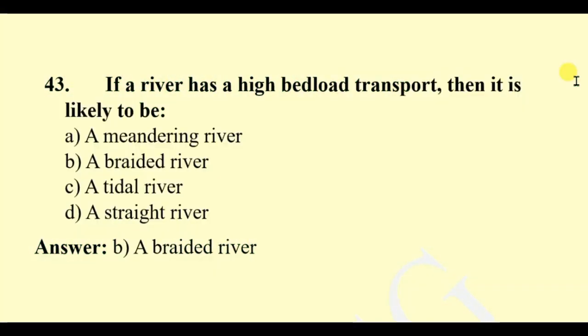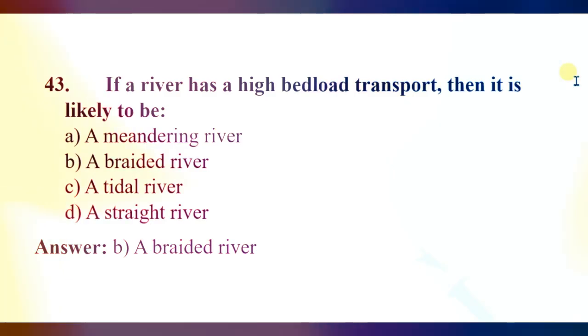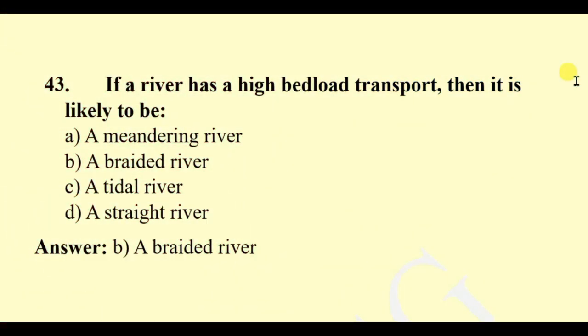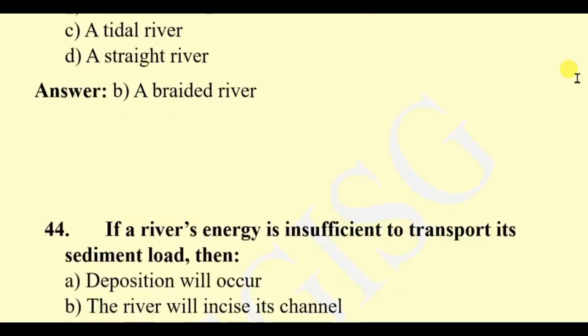A braided river occurs when deposition is more. At the foothill of a mountain area, deposition increases because the gradient suddenly becomes low, so transport energy becomes less and a braided river occurs. But here the right answer will be the straight river.